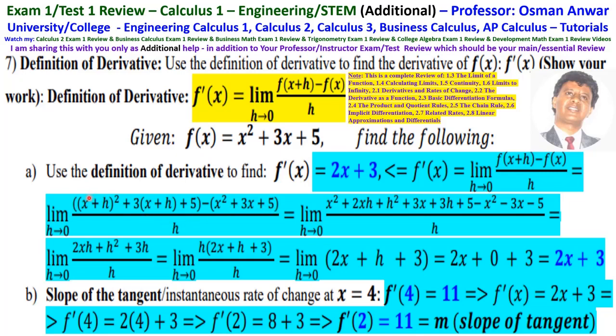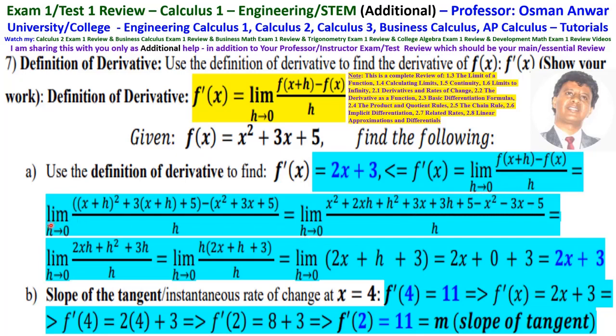Then this one is x squared plus 2xh plus h squared, and this one is 3x plus 3h plus 5 minus x squared minus 3x minus 5 over h. Then x squared cancels x squared, 3x cancels 3x, 5 cancels 5.